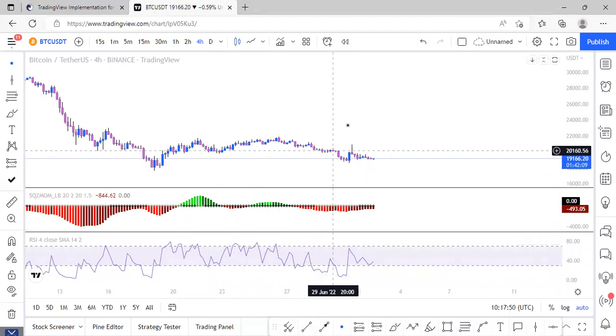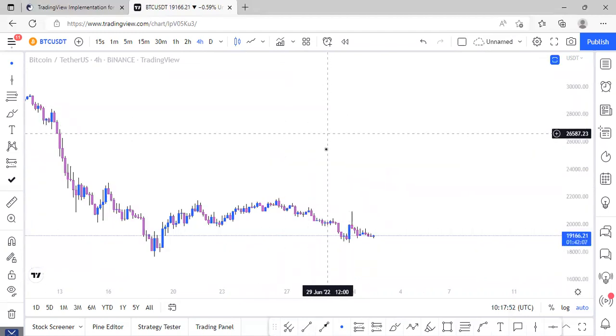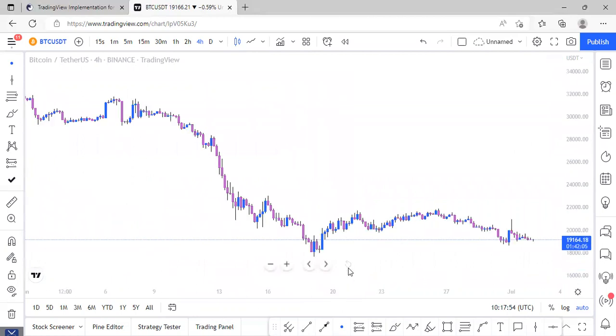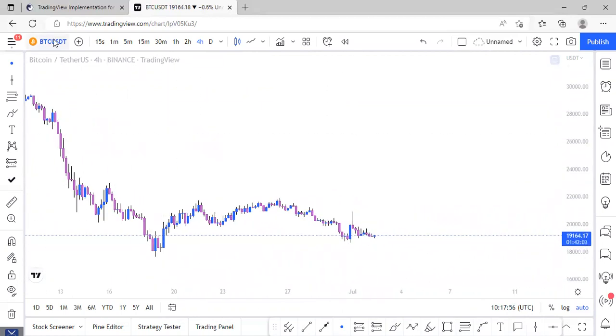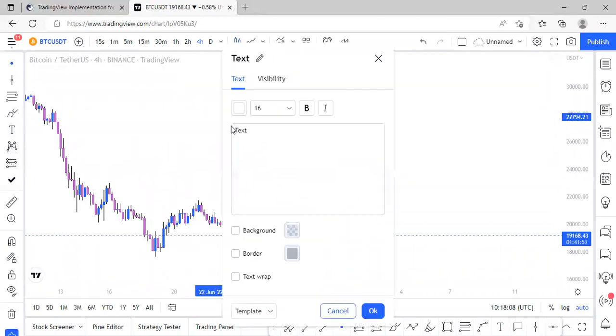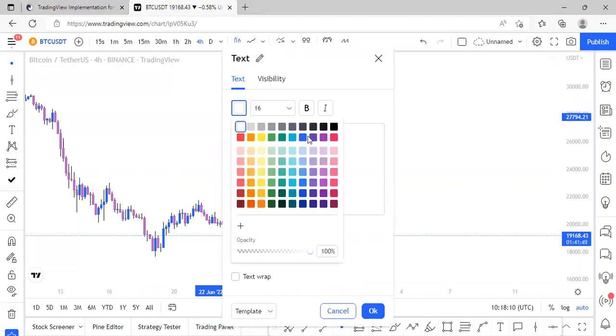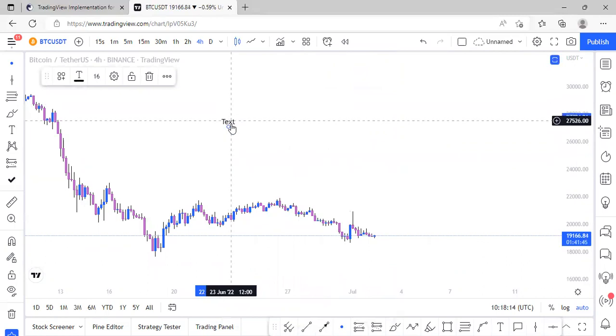Okay, so let's look at the example. So we start our analysis on H4. On H4, this is BTC. So how do we identify the trend? The first thing in identifying the trend is to look out for your indicator, which is the squeeze momentum.